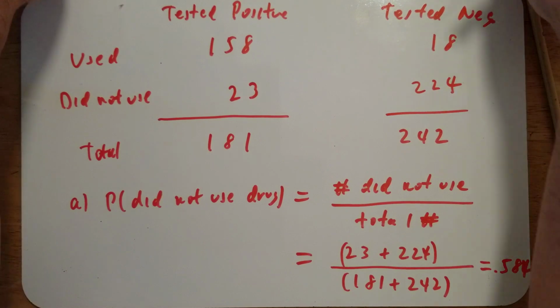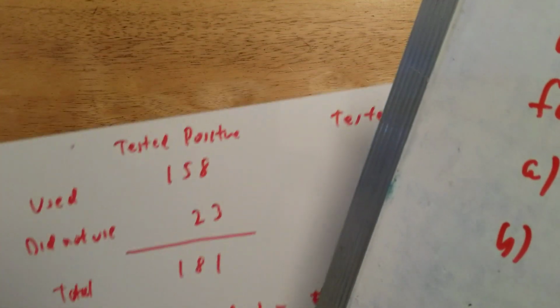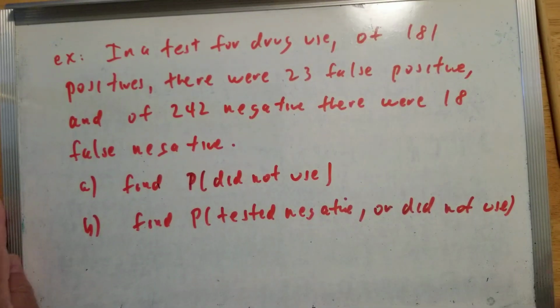Now the second question is the probability that a subject tested negative or did not use.